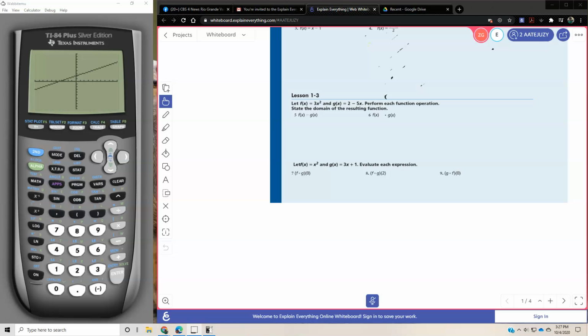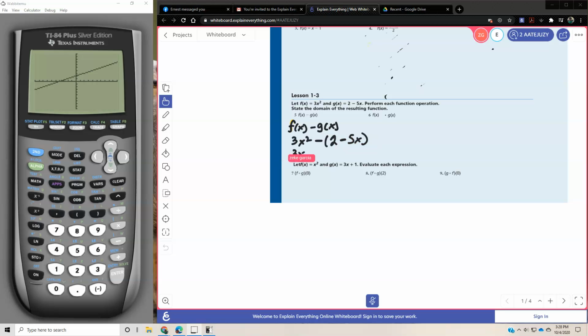Let f of x equal 3x squared and g of x equal 2 minus 5x. Perform each operation. So for number 5, we have f of x minus g of x. So you have 3x squared minus (2 minus 5x).